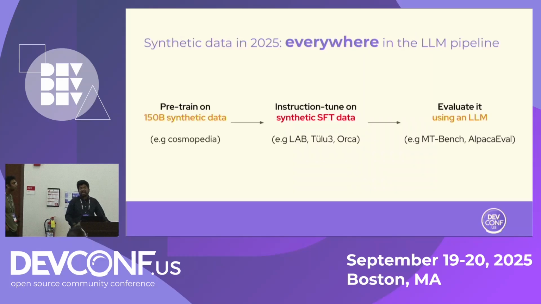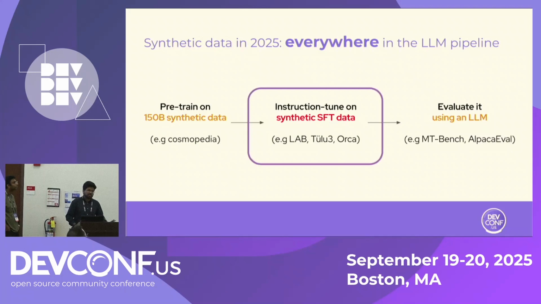And this isn't just a theory anymore, or a research problem. It's already happening at every single stage of the LLM pipeline. So you can now pre-train on purely synthetic data, instruction tune on synthetic data, and even evaluate your model using synthetic data. Today, we'll mostly be focusing on how to generate the instruction tuning data.